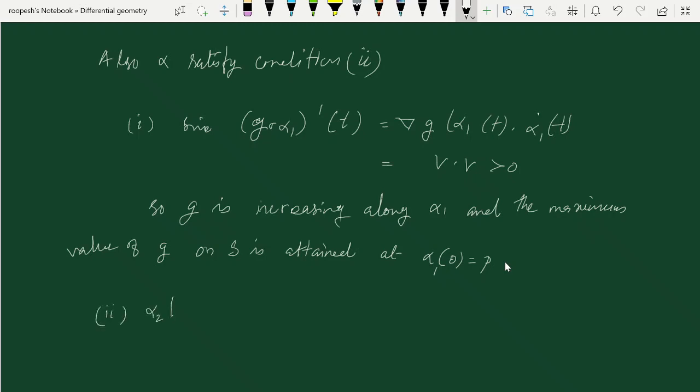Next thing we want to note here is that alpha 2 of t does not belong to S for t greater than 0.